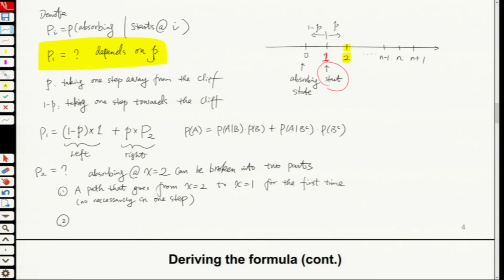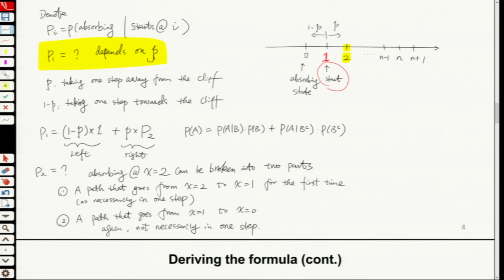And the second one is a path that goes from x equals 1 to x equals 0. Again, not necessarily in one step.